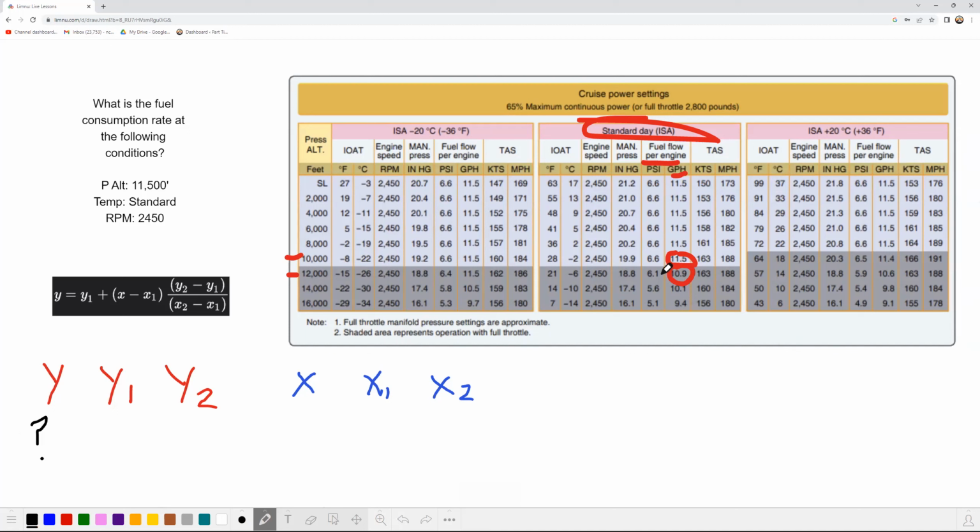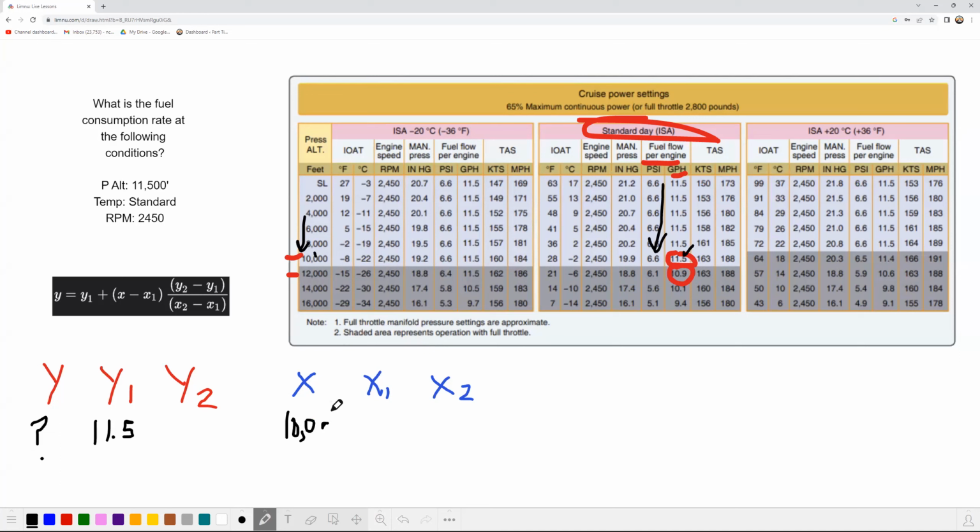Y1 is going to be associated with X1, and Y2 is going to be associated with X2. So let's do the first one, in this order. Y1 is going to be 11.5 right here. And that makes X1, if we're going in this order, 10,000. So let's write 10,000 here.